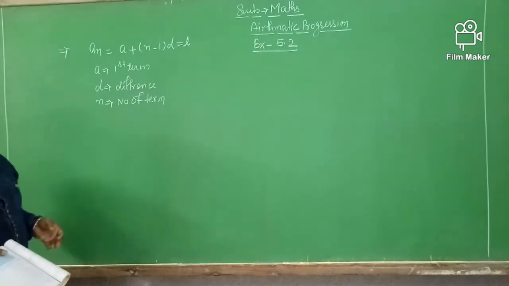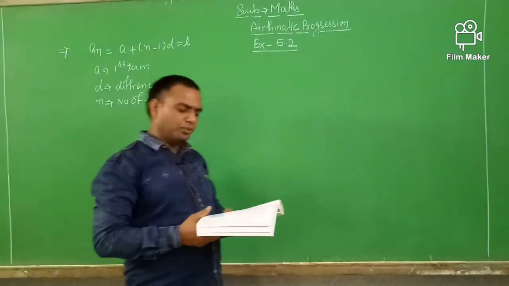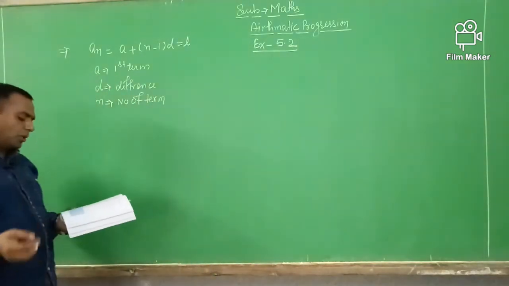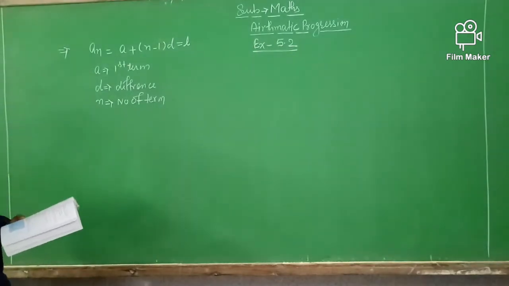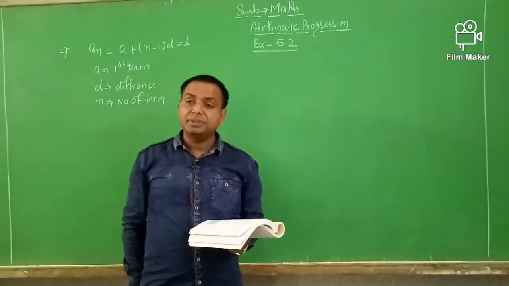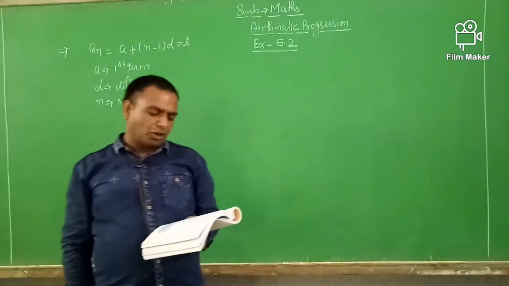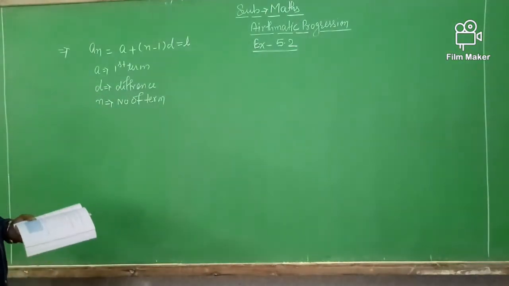Here are some questions related to the nth term of an arithmetic progression, so we are going to solve some problems. Question number one: fill in the blanks in the following table. Given that a is the first term, d the common difference, and an the nth term of the AP.